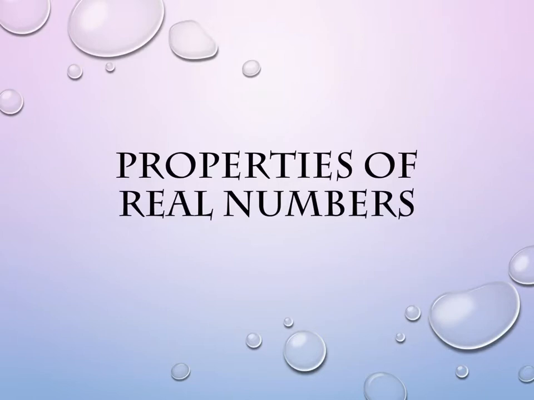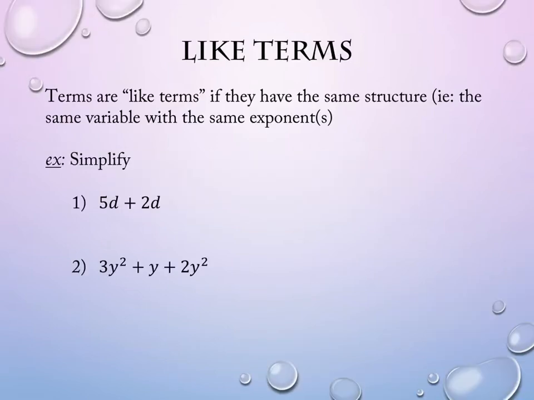And as we take a look at this, there's a couple of definitional things, one in particular that we need to make sure we all are thinking the same way about, and that is the phrase like terms. We consider terms like terms if they have the same structure. So what do I mean by structure?